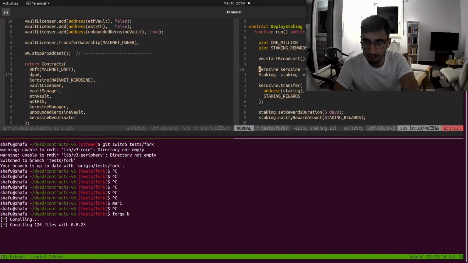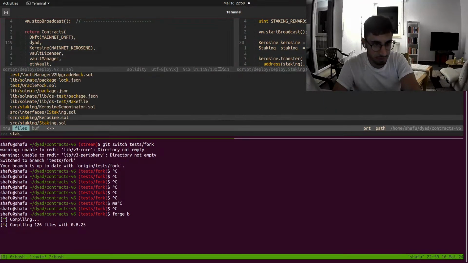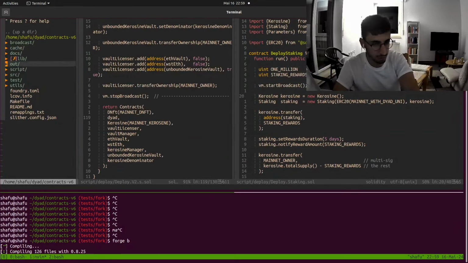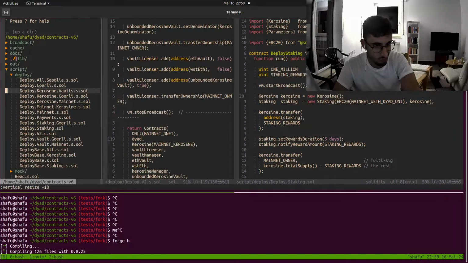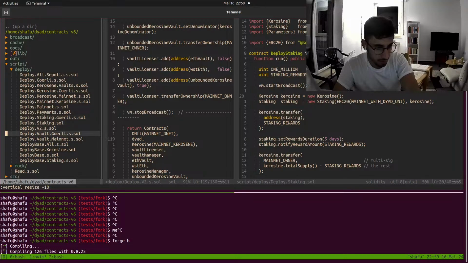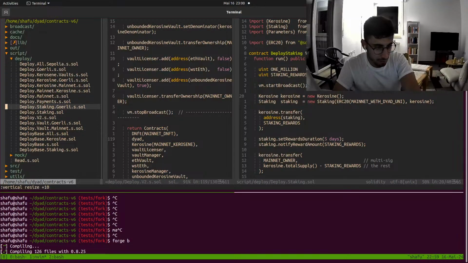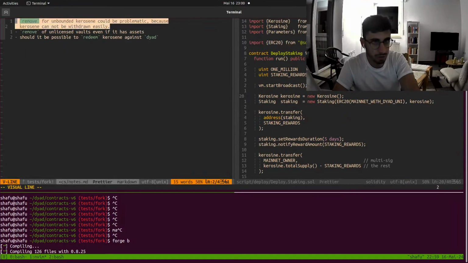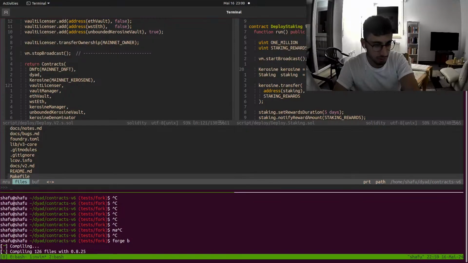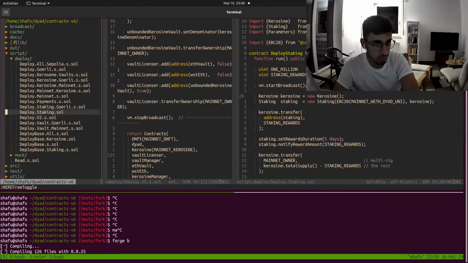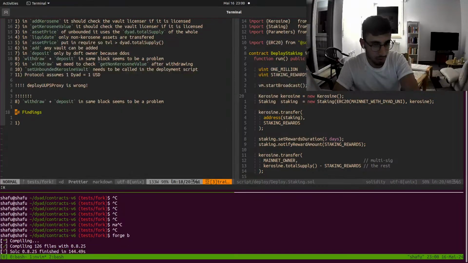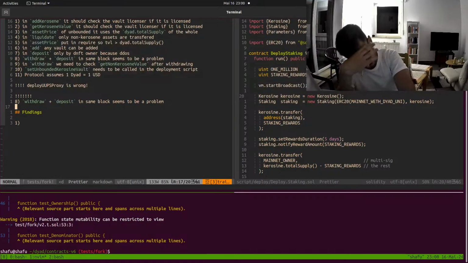Yeah, we have the staking stuff. We have the staking contracts. We have the V2 deployment ready. I think we have some notes here. We are done. Audit. Yeah, there was an issue.